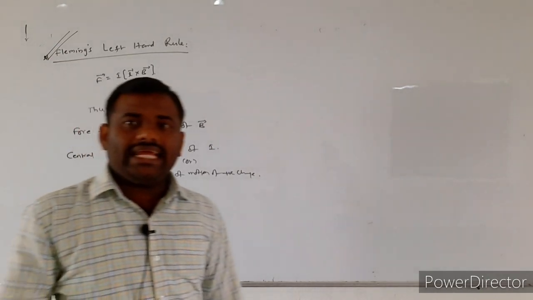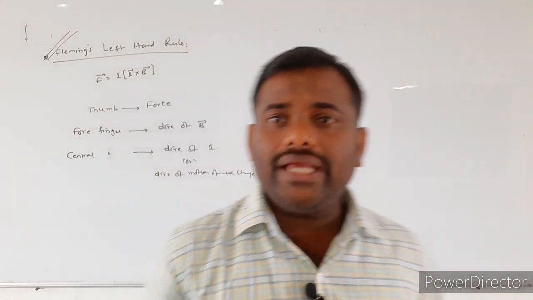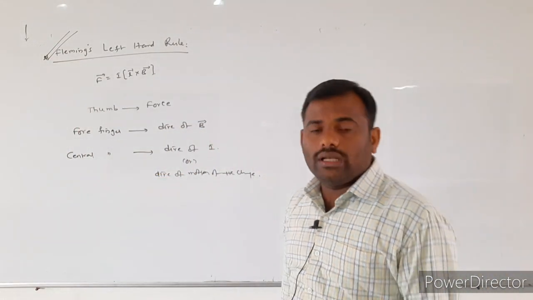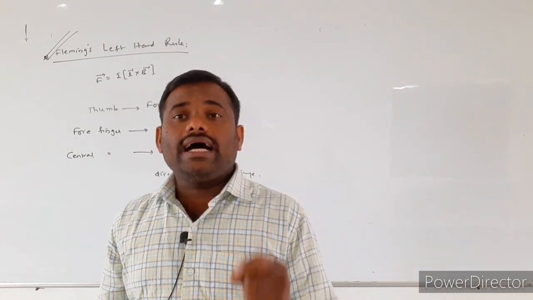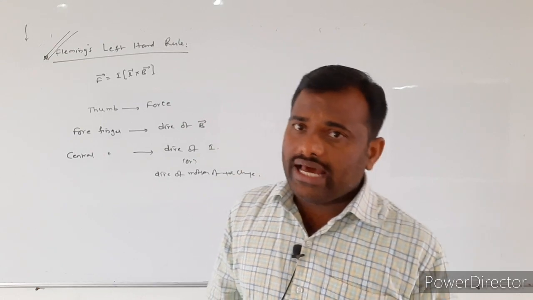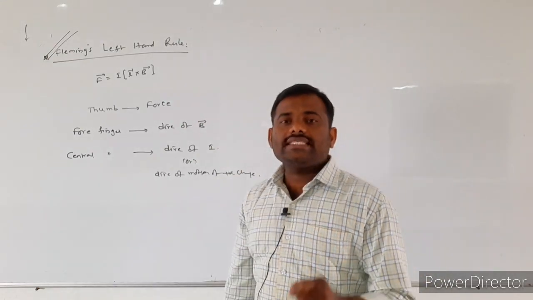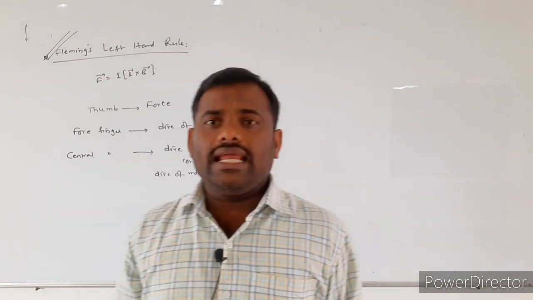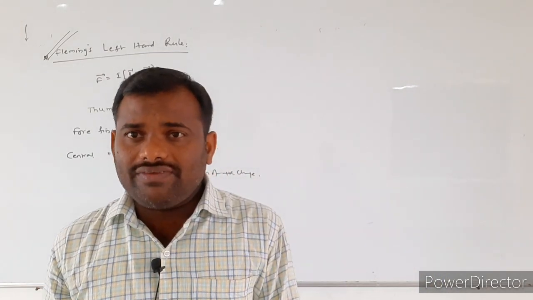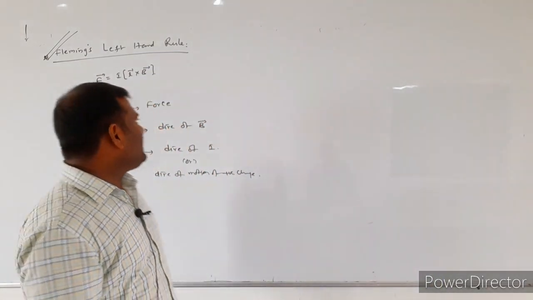So what is the need of Fleming's left hand rule? By using Fleming's left hand rule, we find the direction of the force which is experienced by the current carrying wire placed in the given magnetic field.